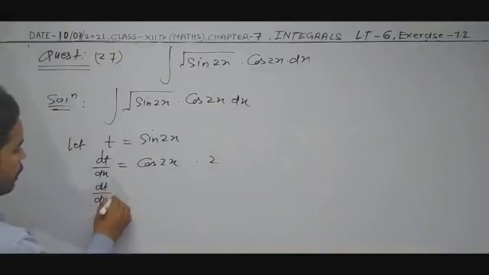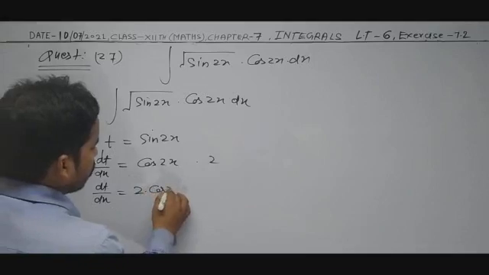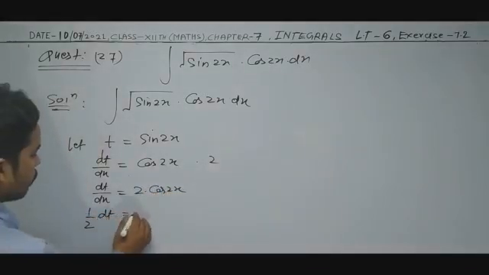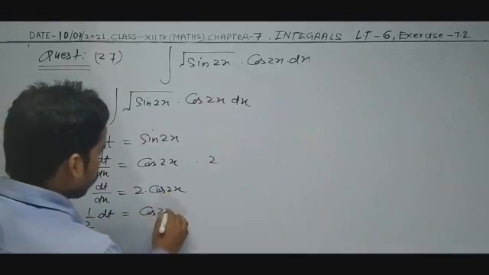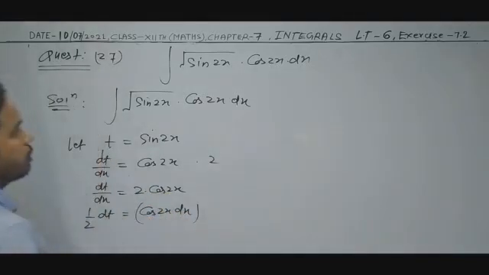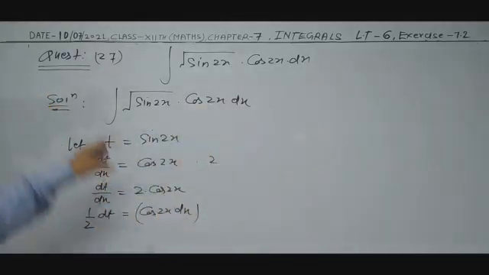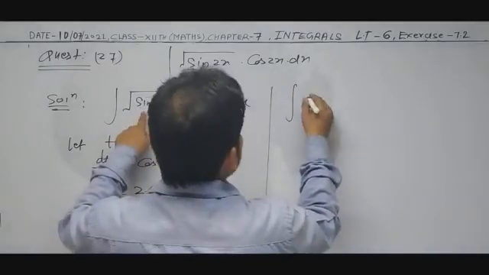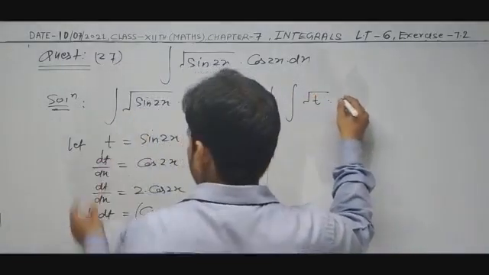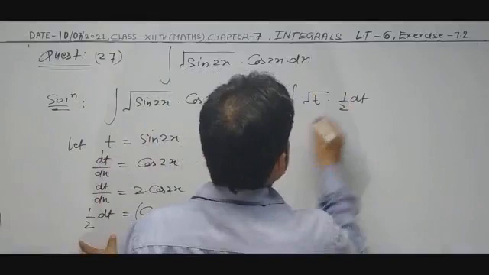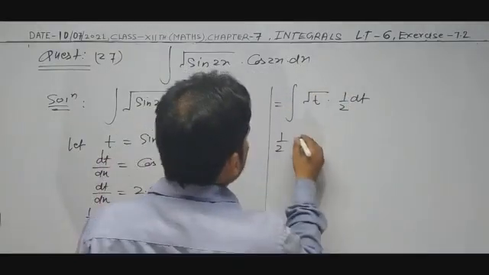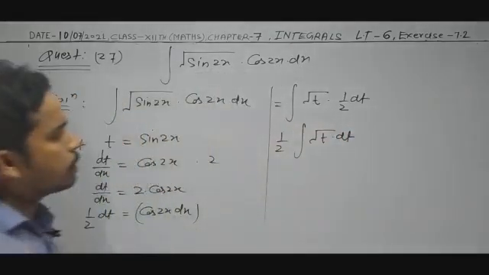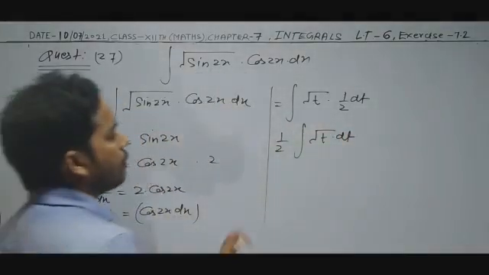So dt by dx will be 2 times cos 2x, and 1 upon 2 dt will be cos 2x dx. So integration can convert in terms of dt. Integration over root t with 1 by 2 dt. So 1 by 2 is constant term, that will be outside the integration. So result will be root t dt, and root t you know is t power 1 by 2.